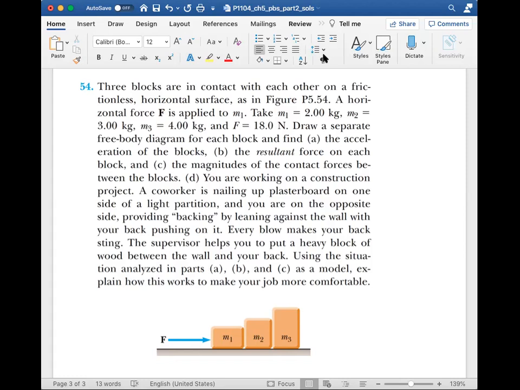I'll just take parts A, B, and C. In part A, we have to find the acceleration of the blocks, then the resultant force on each block. For each of M1, M2, and M3, we have to see what the total force acting on it is, and finally find the magnitudes of the contact forces between the blocks. So let's solve it. Let me share my whiteboard again.